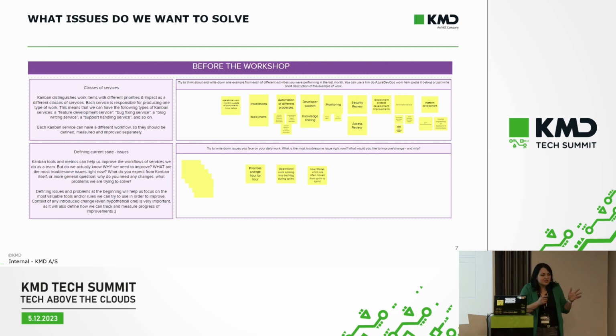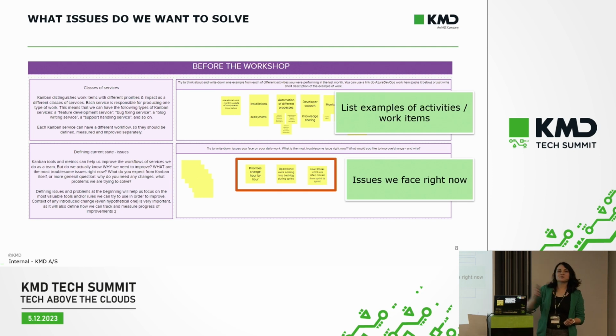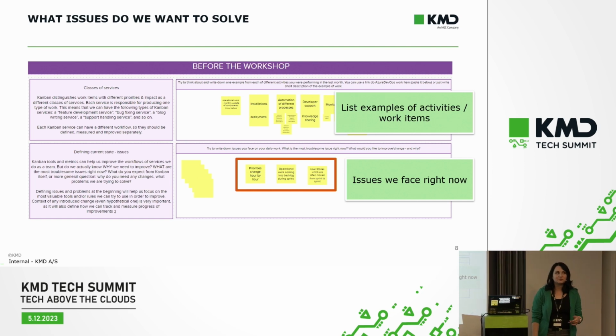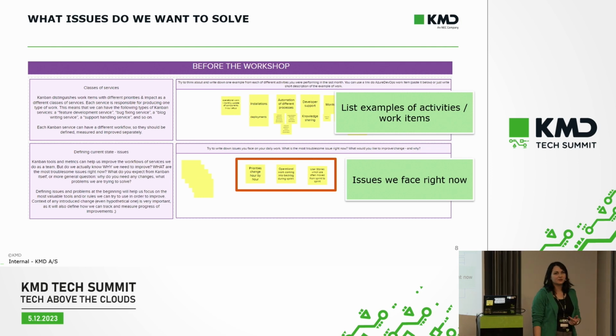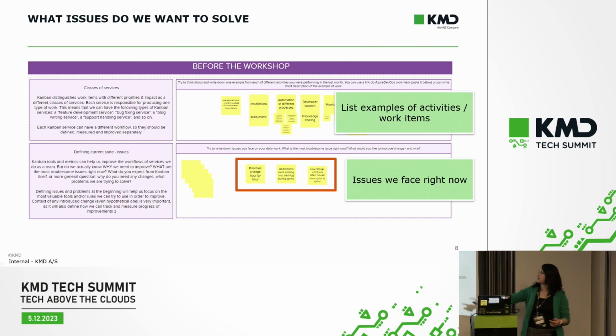It's just to have examples of activities they are performing in their daily work. And the second one was issues we face right now. They had around 2 weeks to think about the issues they face, what is hard for them, what they would like to change, what is disturbing their work. The list was a little bit bigger, but they chose the top 3 issues that we want to work on.